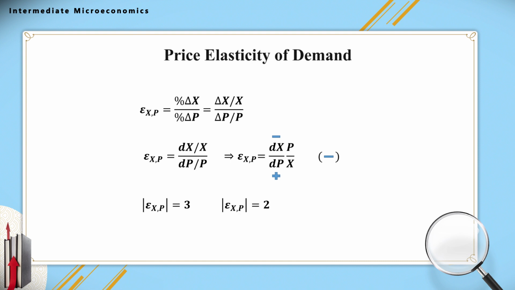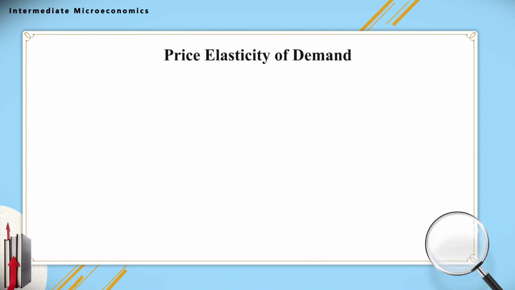And the elasticity equals 2 means the quantity demanded decreases by 2% as the price increases by 1%. The former is a stronger response. It is more elastic. If the elasticity of a commodity is greater than 1, we say the demand for the commodity is elastic.